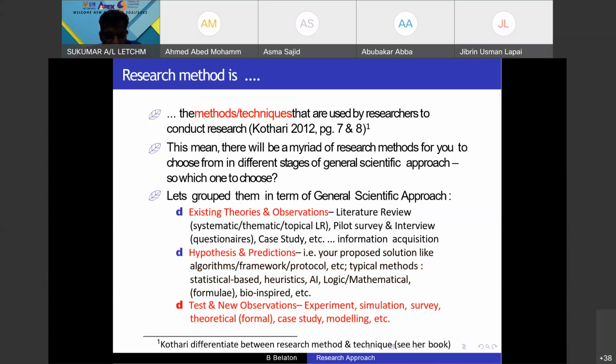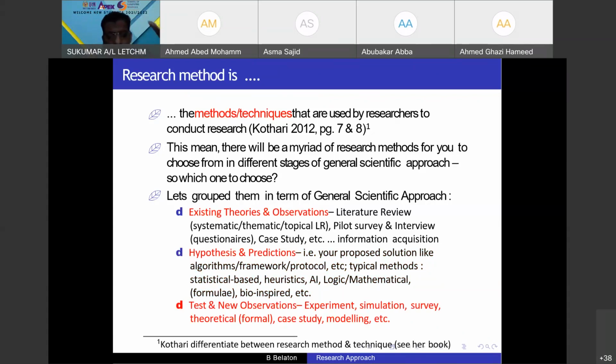Any other question that you want to ask related to this? Sir, I have a question. Yes, please. Doctor, there are many types of research: comparative research, explorative research, explanatory research, causal research, theory testing research, theory building research, action research.